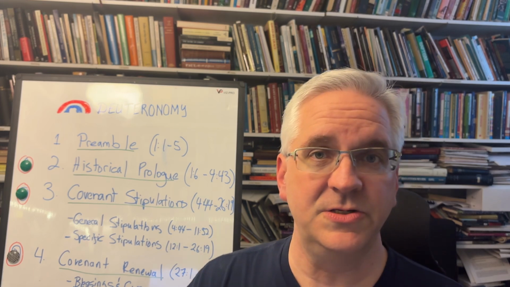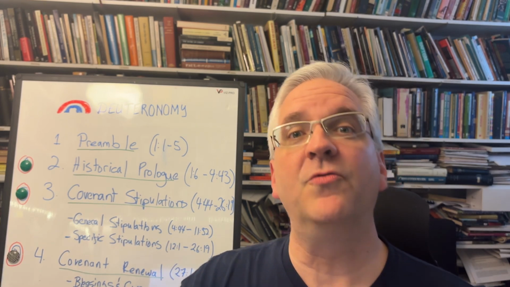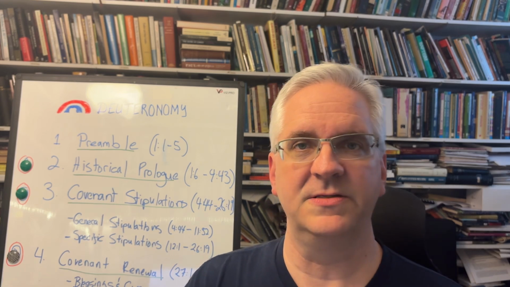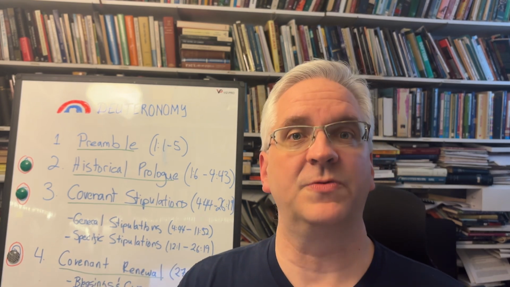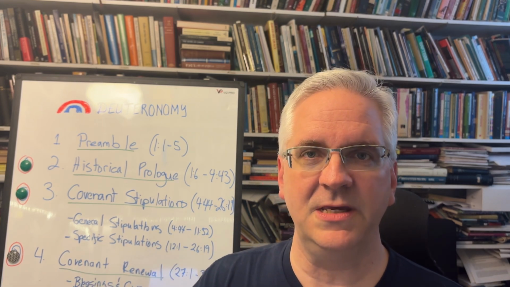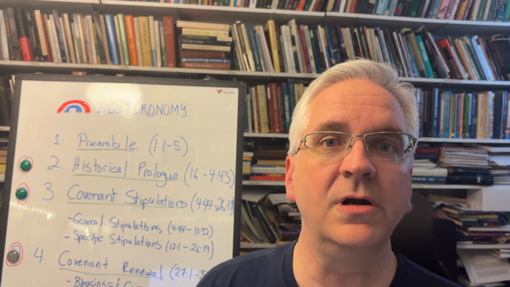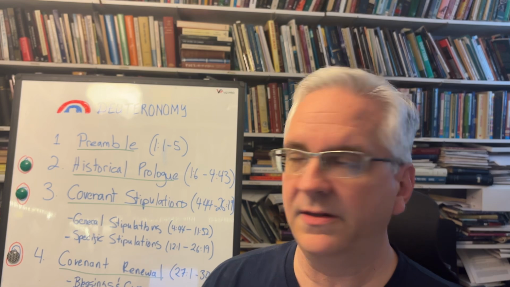And in this case, the suzerain is, of course, even greater than just a human person. It is God himself. He is the suzerain, and the people of Israel are the vassal. And we see basically that this is the established structure that outlines the book.